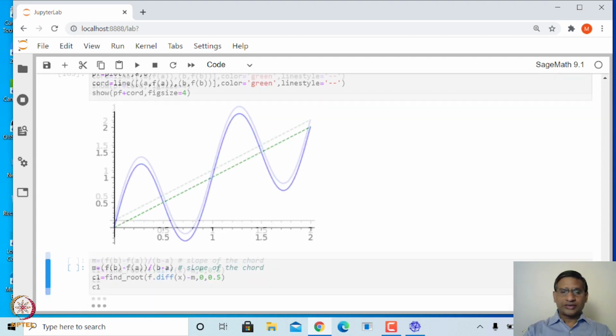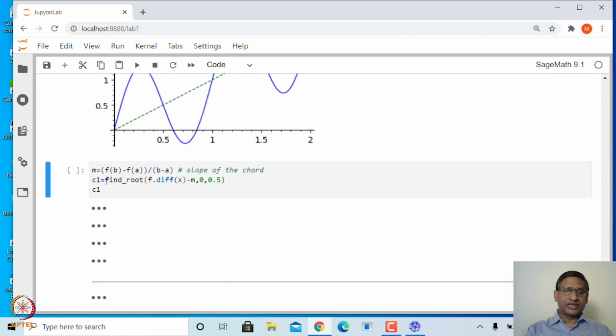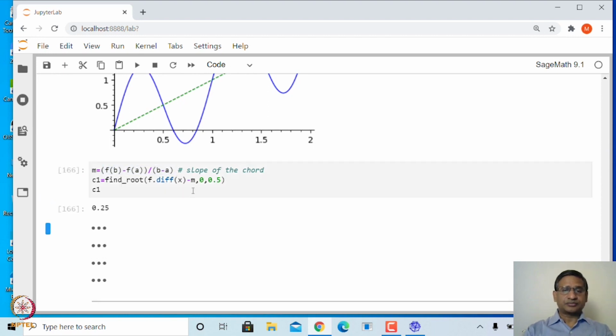So, how do we do that? Let me again store m as the slope of this chord and find the points. If you look at this curve, this is the slope, and then you want to find f'(x) equal to m, where m is the slope of this chord.